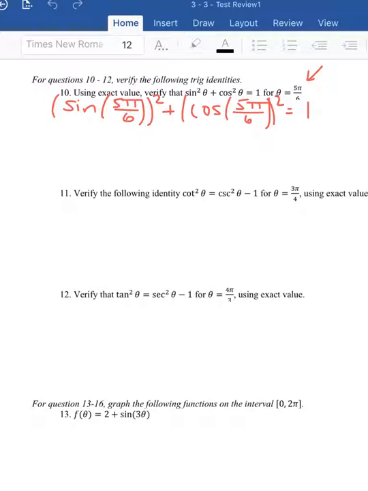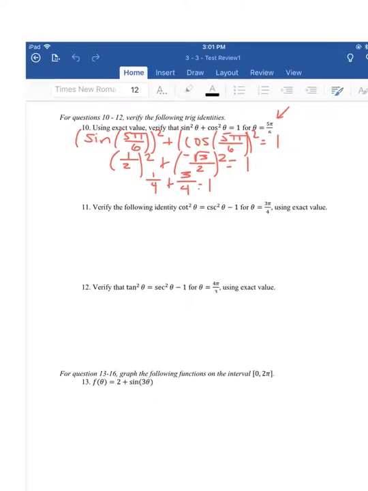Okay, so when you type in the sine of 5 pi divided by 6, you should get (1 over 2) squared plus (negative square root of 3 over 2) squared. Again, remember your fancy decimals, equals 1. So this is 1 over 4 plus 3 over 4 equals 1.